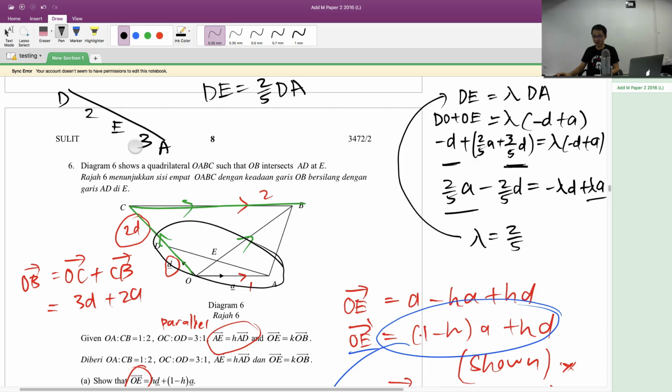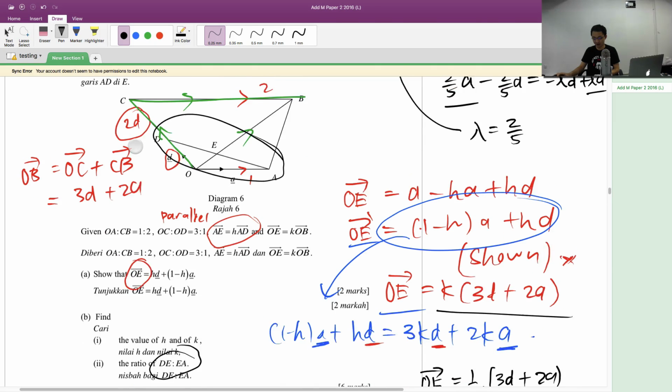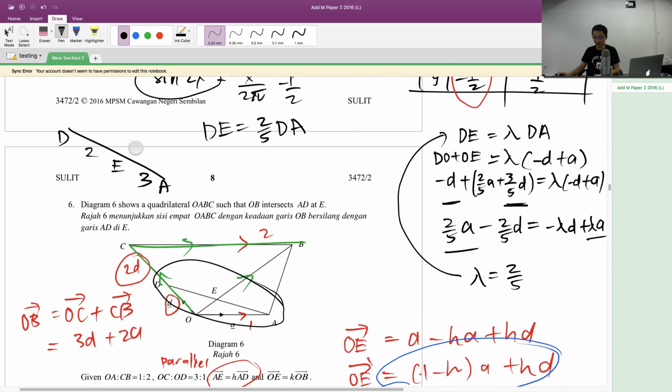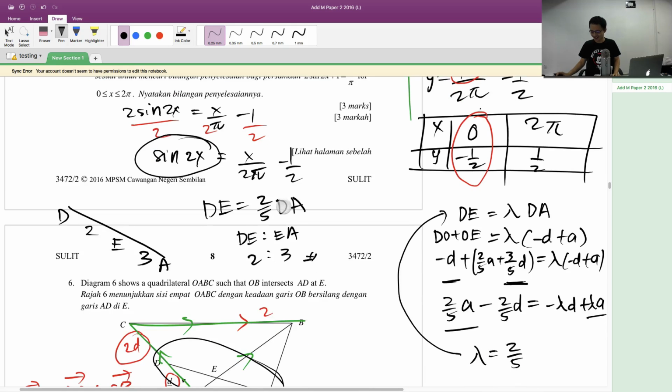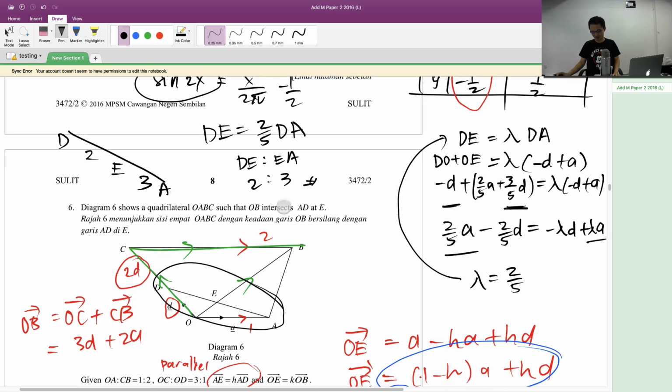If you are able to see this, then you can solve this one. DE ratio EA is 2 ratio 3. That's all. Yeah, it's so messy. I also wonder why I'm doing it so messy. But can you understand that? Or do you want me to try to explain this one again?